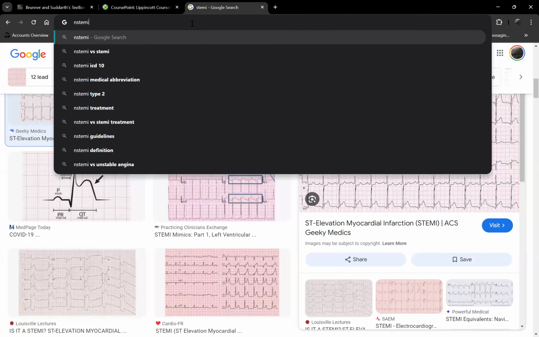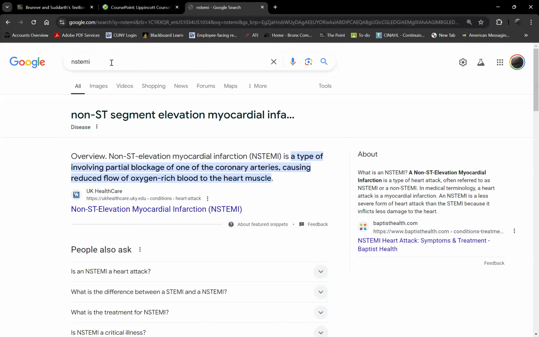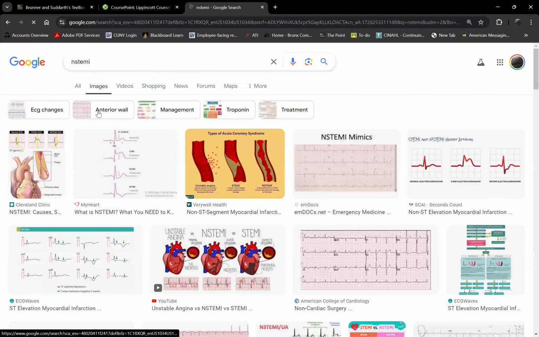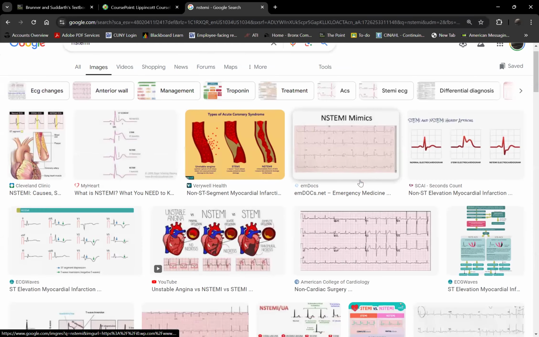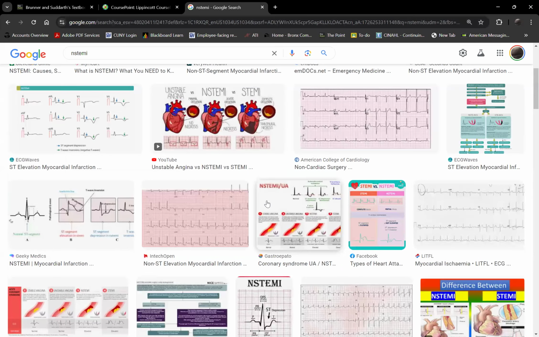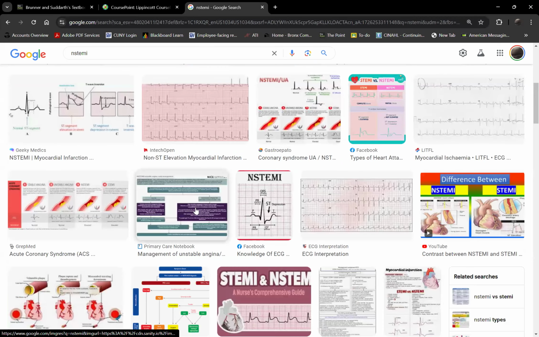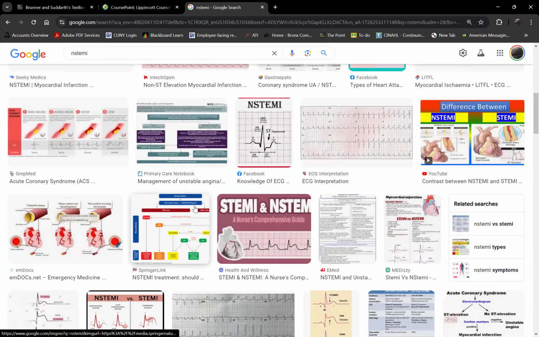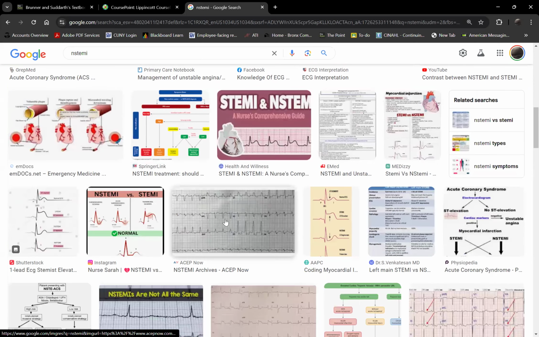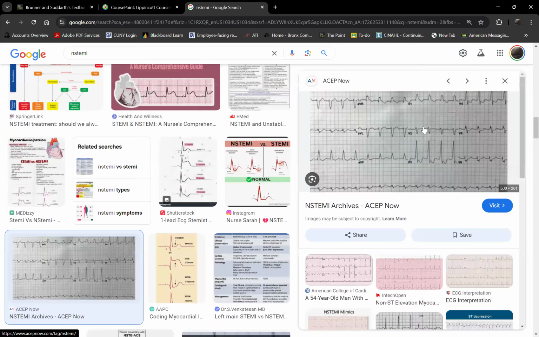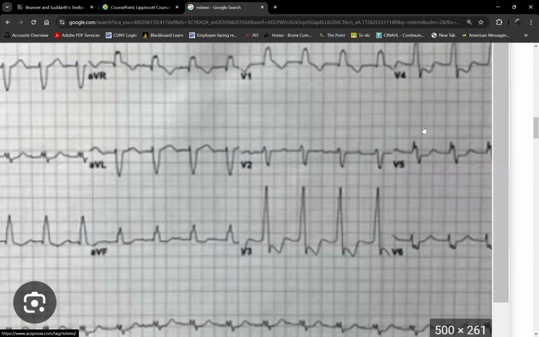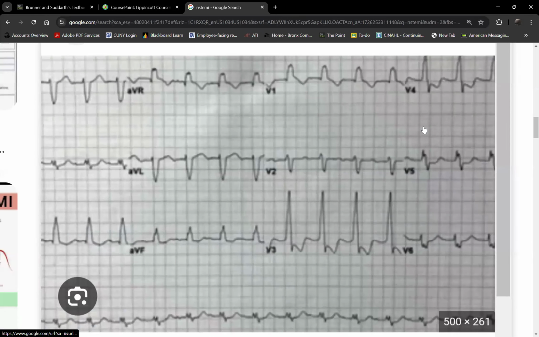So you saw a STEMI ECG rhythm. Okay, so this is now what an NSTEMI looks like. See the difference? So earlier, this ST was elevated, yeah?